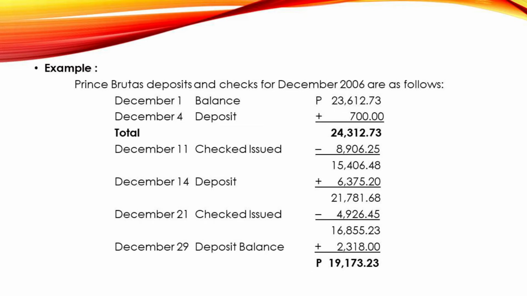Then next, on December 21 po, nag-check po ulit tayo ng mga issue. So, i-minus po natin yung ating issue na 4,926.45 pesos. So, ngayon, yung ating 21,000 kanina ay nabawasan na po ngayon. Kaya po, naging 16,855.23 na lang po. Then, nung December 29 daw po, si Mr. Prince Brutus po ay nag-deposit ng kanyang balance na kakahalagang 2,318 pesos.